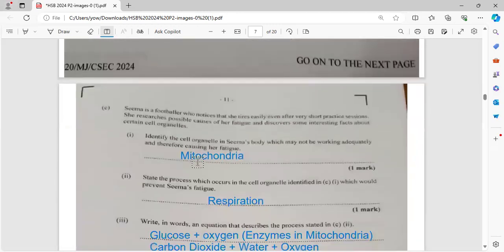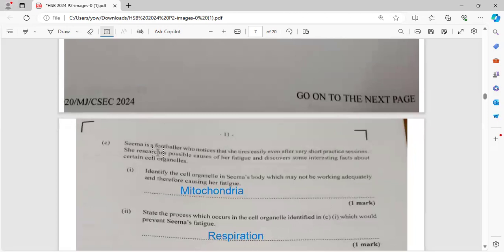All right. Next, Seema is a footballer who noticed that she tires easily, even after a very short practice session. She researched the possible causes of her fatigue and discovered some interesting facts about certain cell organelles. Identify the cell organelles in Seema's body which may not be working adequately and therefore causing her fatigue.